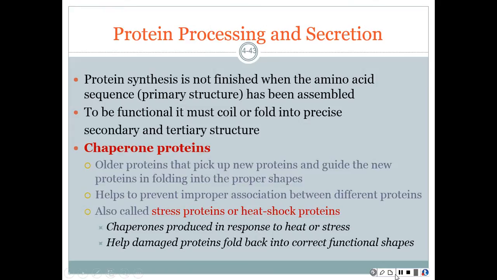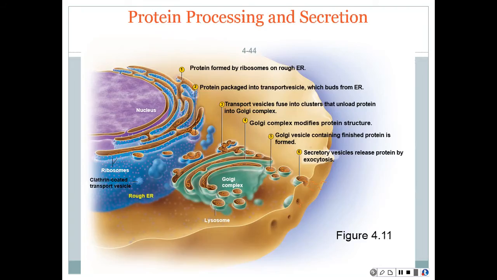The ER, the endoplasmic reticulum, and the Golgi complex or apparatus have important roles in protein processing and secretion. Now, a protein assembled on the ER, we're dealing with the rough endoplasmic reticulum.